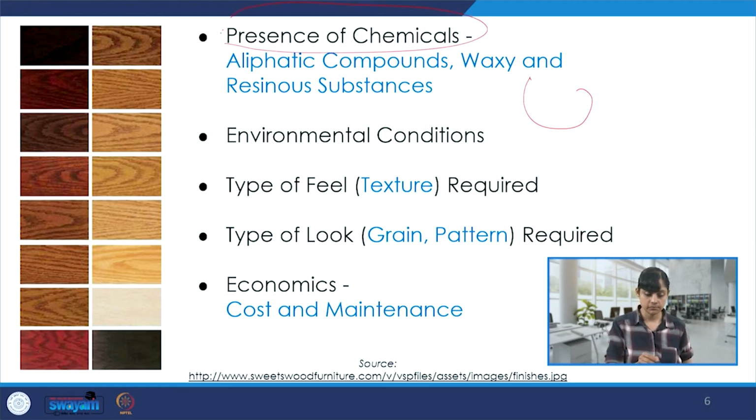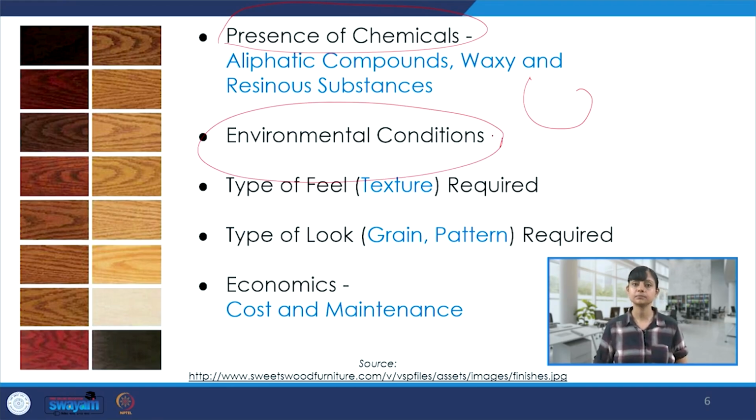So whether there is a presence of certain chemicals, like the aliphatic compounds or resinous substances in that wood, and what are the environmental conditions where these woods grow, from where are we procuring them, are they seasoned well, is there moisture content within it, have we dried it well, and then what is the texture like, what kind of feel or tactility or texture is required for our project, and hence we go with that selection.